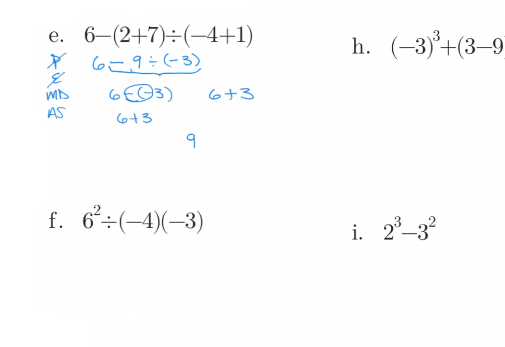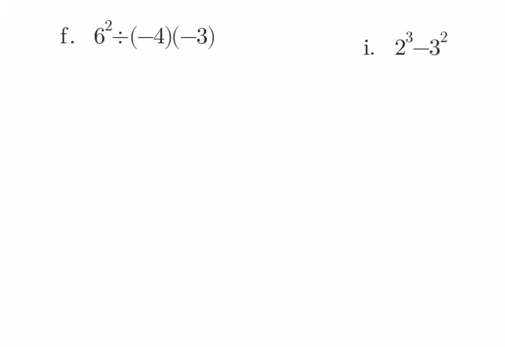So it's up to you in terms of whether you want to do this in 1 or 2 steps. And it's all about how comfortable you are with negatives. If you're not comfortable with negatives, then I recommend doing it in 2 steps. Just do 9 divided by negative 3 instead of treating it as a negative 9. All right, let's try some more.